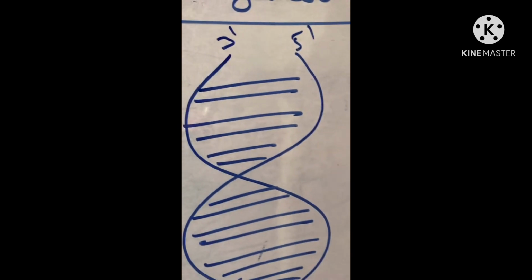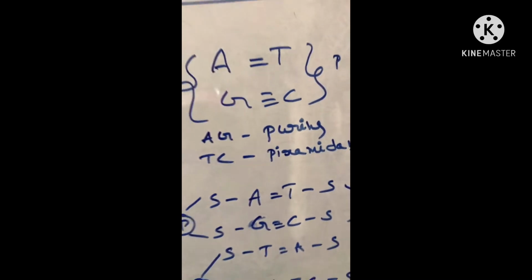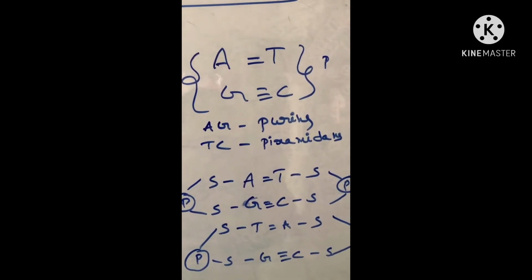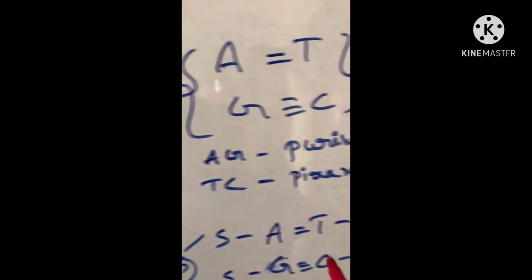Next, actually the DNA's both strands have different types of things. First, nitrogen bases are present here.